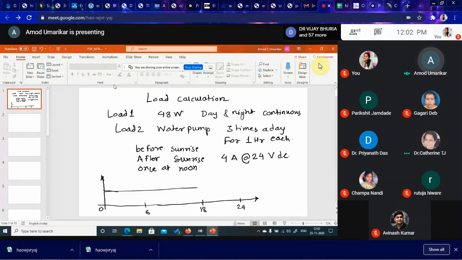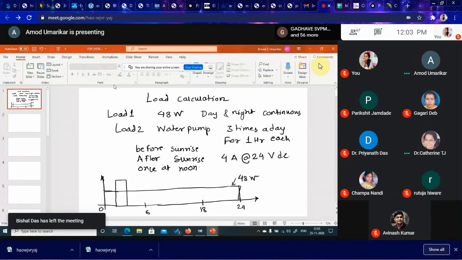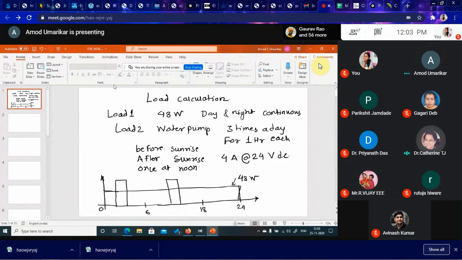So this will be the 48 watt load, continuous. The other load is how much? 96 watt for 1 hour, before sunrise, then after sunrise, meaning before noon, and at noon.